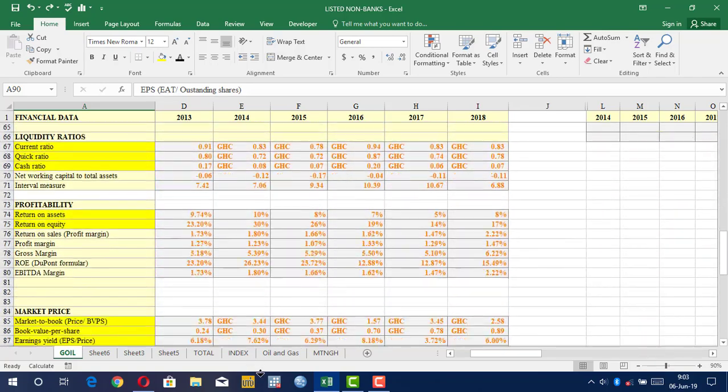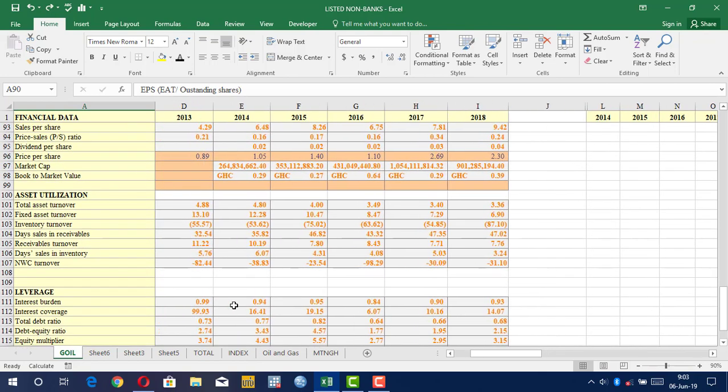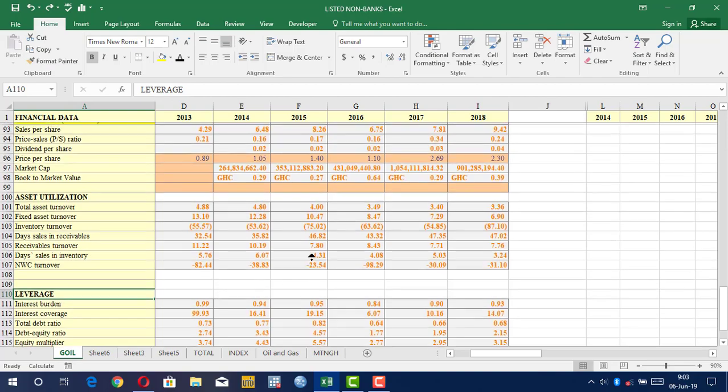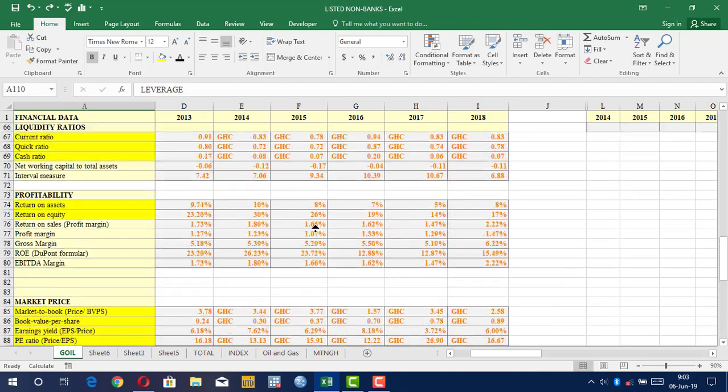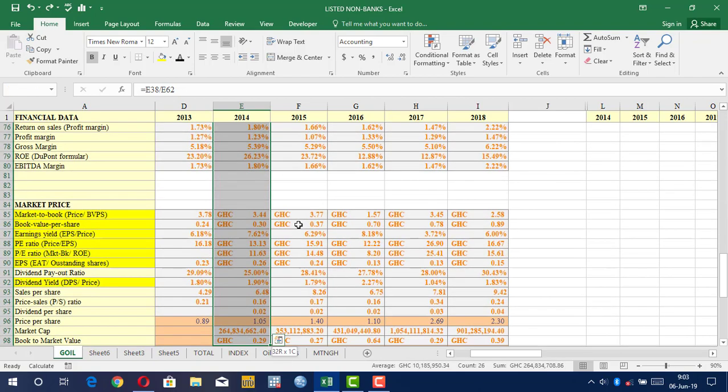We have leverage, we have asset utilization. We'll focus on them later on. Okay, so let me first of all clear what I have already computed in here so that we can do everything by ourselves.